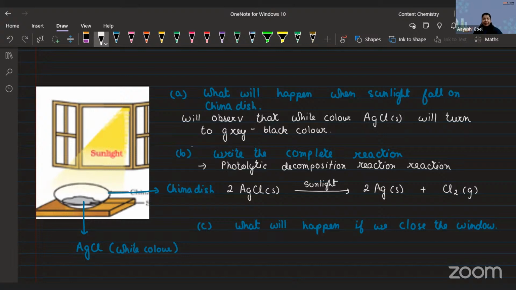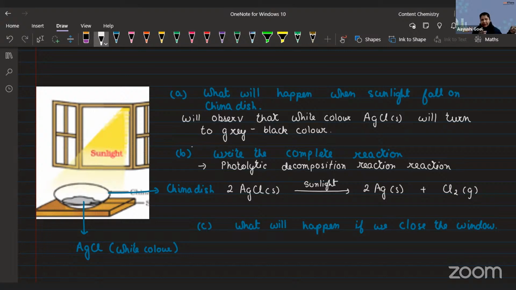Good. What will happen if we close the window? Third point. See, for a photolytic reaction to occur, we need to understand that sunlight is the major thing. It's like a driving force. If I want to run a car, I require petrol or diesel. So sunlight is currently that driving force for me.